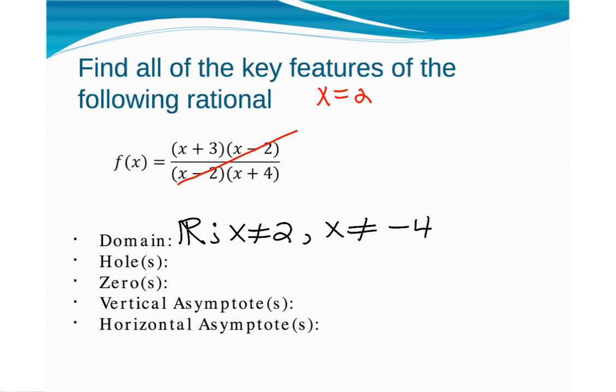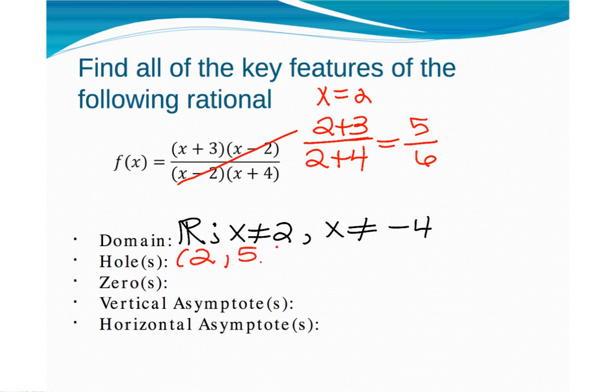So if I put in my 2, I have 2 plus 3 on the top. On the bottom, I'm left with x plus 4. So if I plug in a 2, I'm left with 2 plus 4. So when I simplify this, I'm left with 5/6. So my hole is going to be at 2, 5/6.